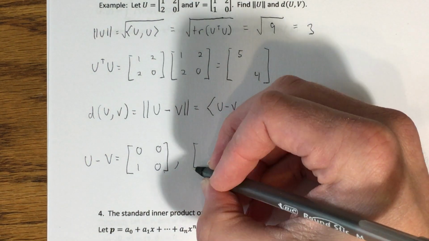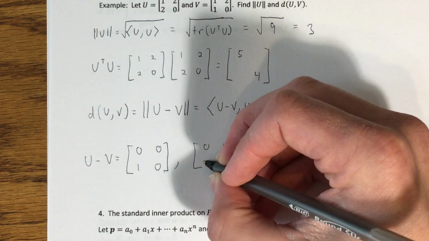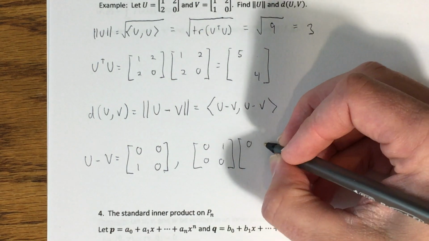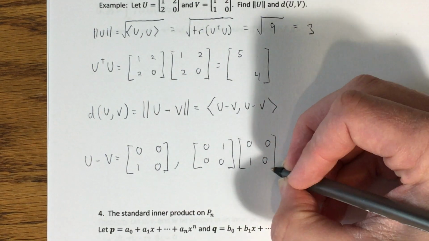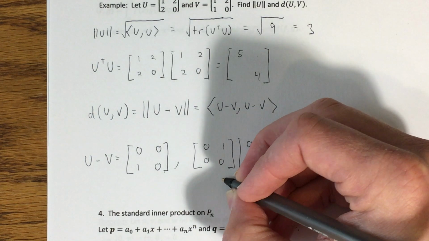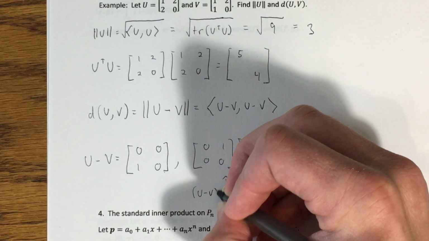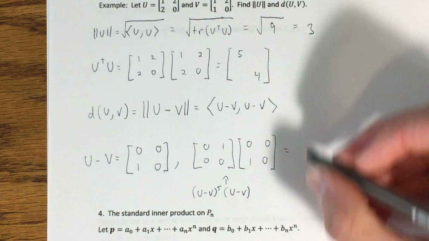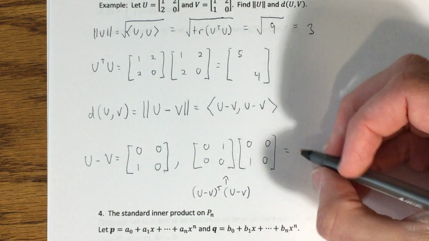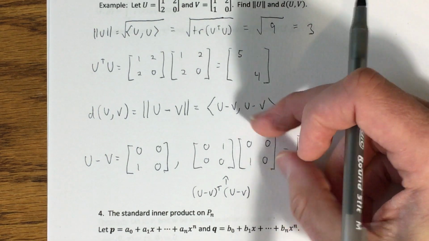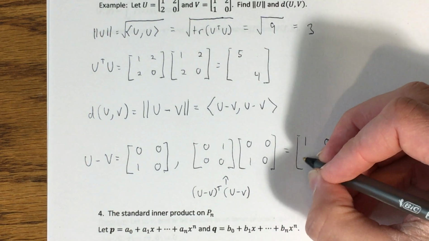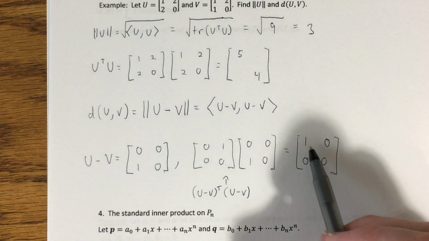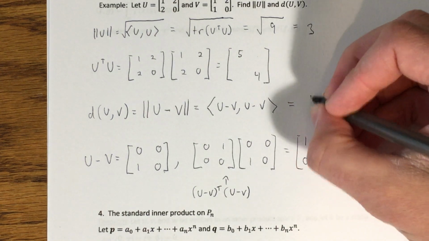Well, the transpose of this matrix would be 0, 1, 0, 0, times itself, which is 0, 0, 1, 0. And, sorry, I meant to write this: this is (U minus V) transpose times (U minus V). And computing this manually, my first entry I'm going to get 1, followed by 0, and then 0, and then 0 again. So the trace of this matrix is 1 plus 0, which equals 1.